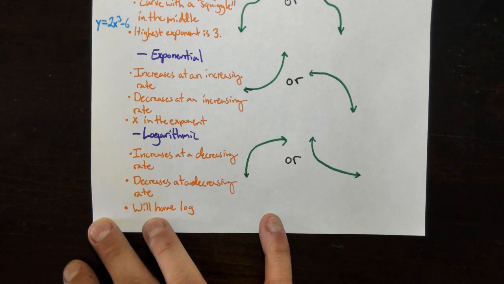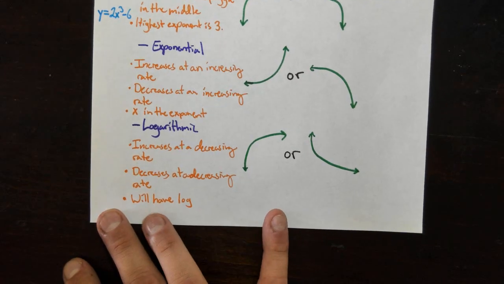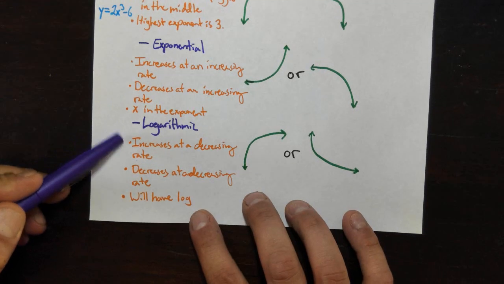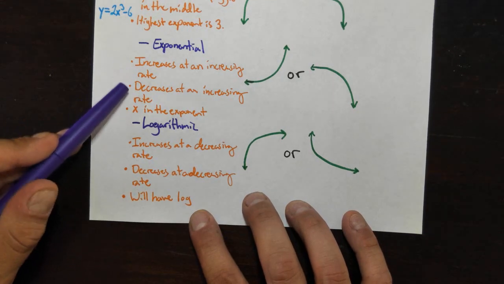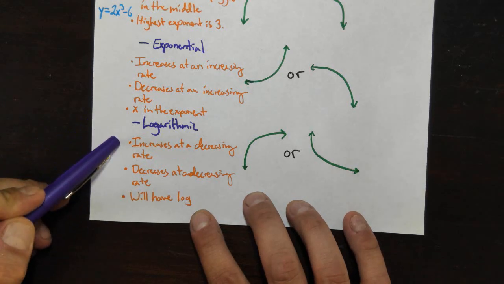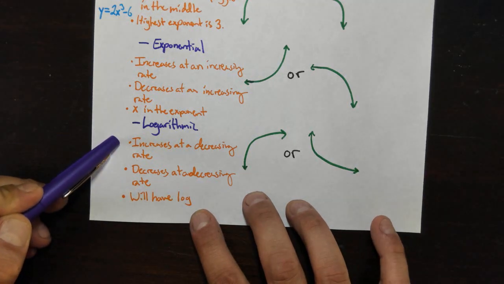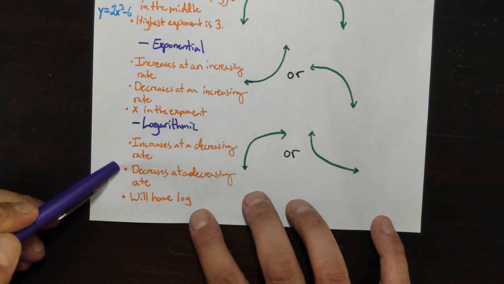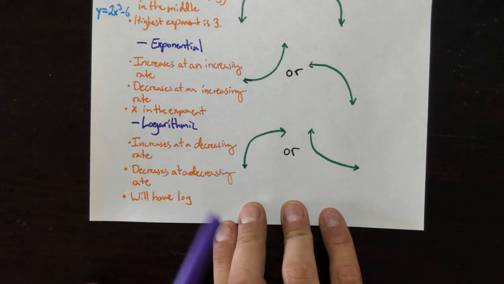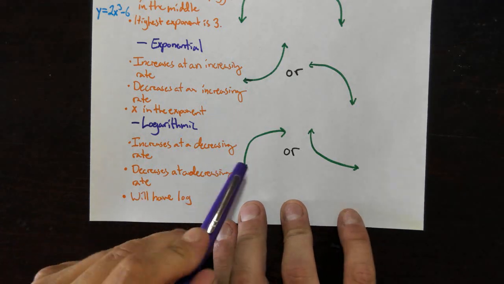Okay? Now, logarithmic functions, they're both curves as well, but instead of increasing at an increasing rate and decreasing at an increasing rate, when reading from left to right, logarithmic functions increase at a decreasing rate, or they decrease at a decreasing rate. So notice here, reading from left to right, and I always mean reading from left to right, just like we read a book.